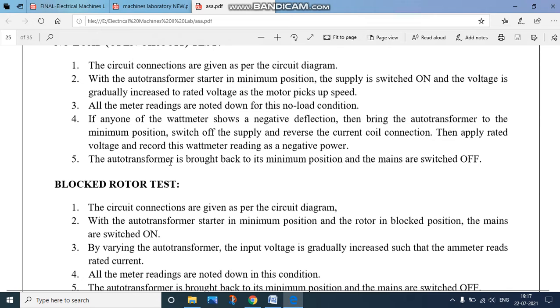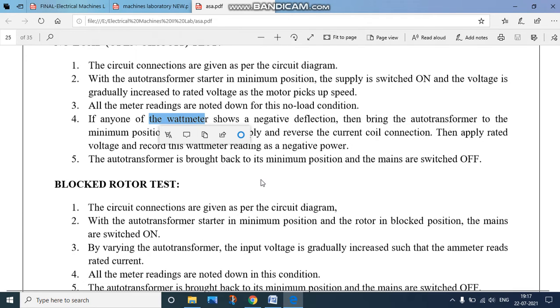If any one of the wattmeters shows a negative direction, then we have to bring the auto transformer to the minimum position, switch off the supply, this is the main thing, and reverse the current coil direction of the wattmeter.